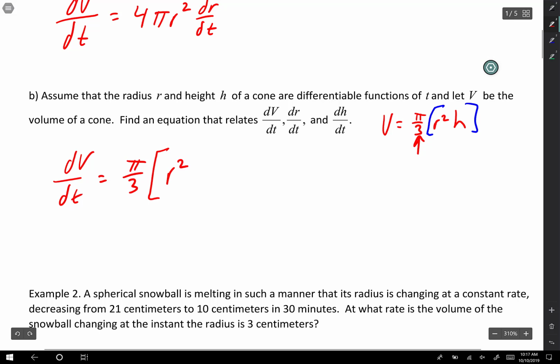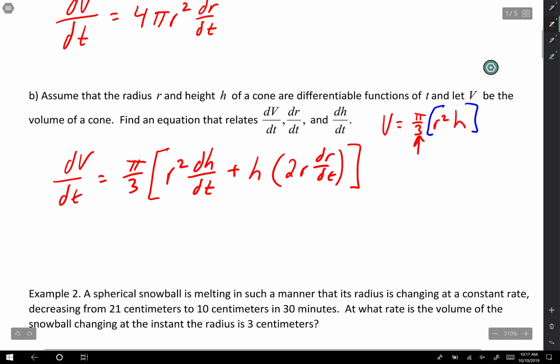First, r squared times the derivative of the second. What's the derivative of h? 1 dh/dt, because I'm taking the derivative with respect to t, not h. Plus second, h times the derivative of the first, 2r. Sorry, 2r, and then dr/dt. Close it.